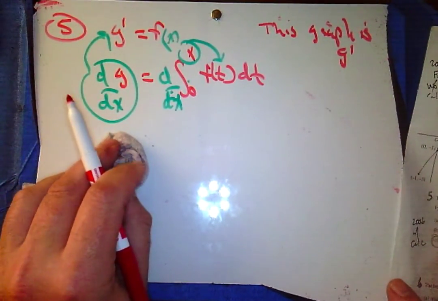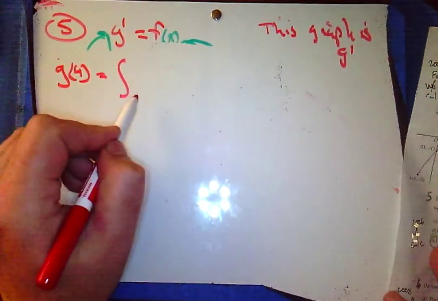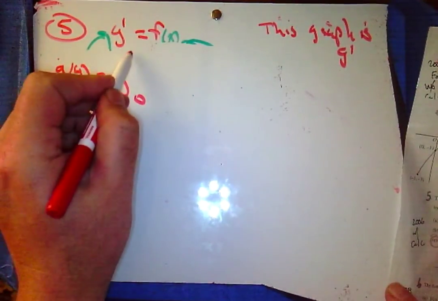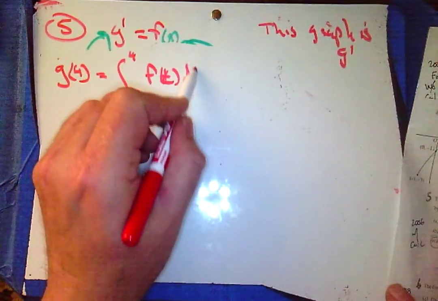Find g of 4, g prime of 4, g double prime of 4. Okay, so g of 4, according to the definition of g, is the integral from 0 to 4 of f of t dt.